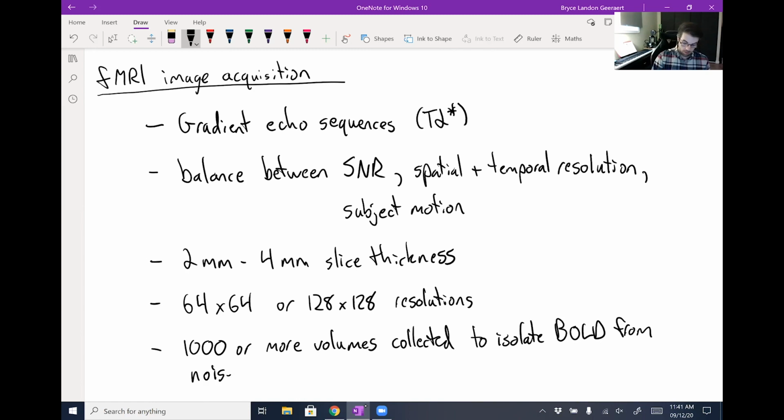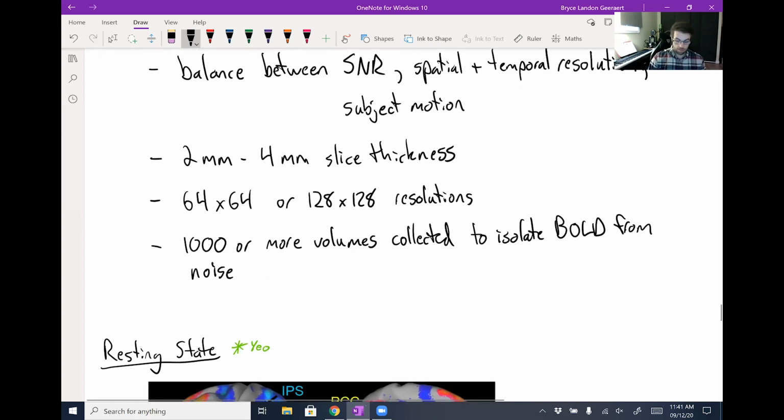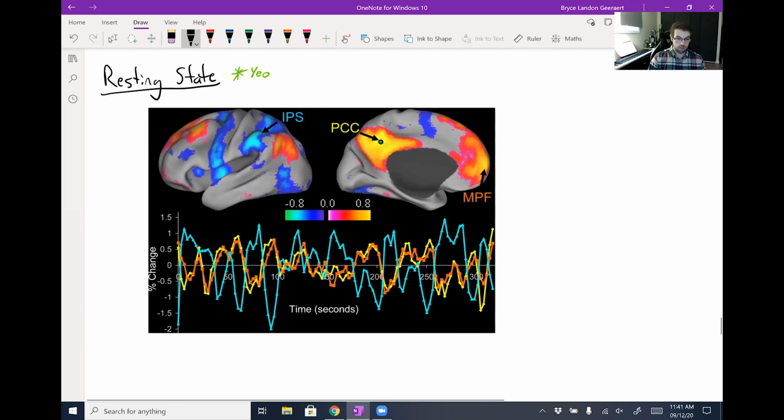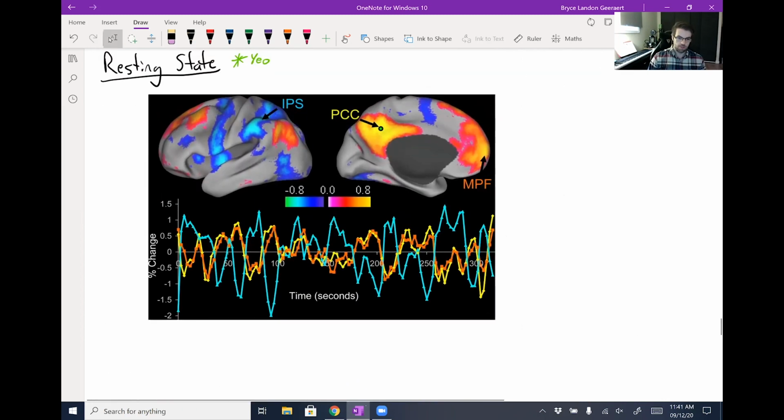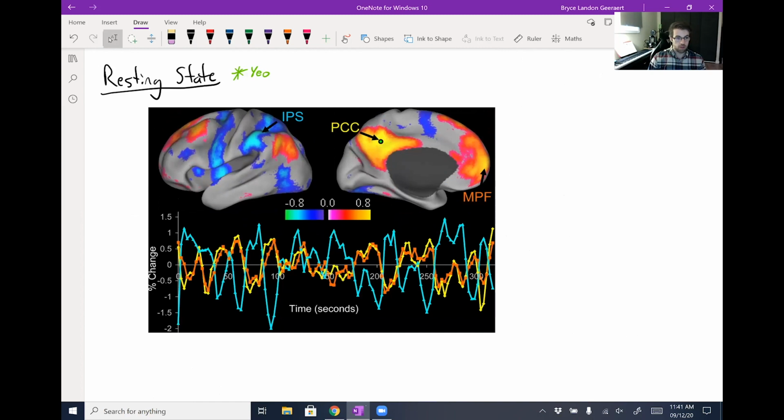Okay, so we've talked about task design so far in fMRI, where you're getting the subject to do something like move their thumb or read a page or talk out loud, that kind of thing, to look at which areas of the brain are active. But I would say much more common these days is resting state fMRI, which is very interesting.